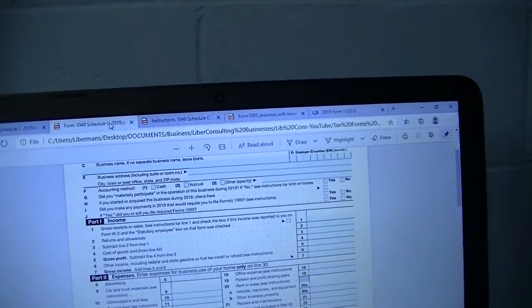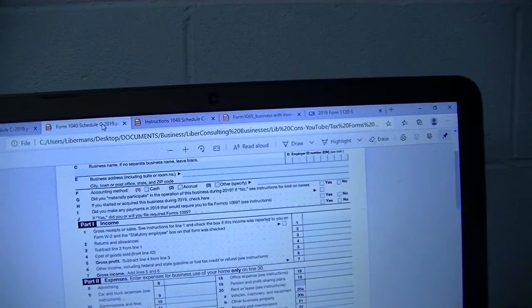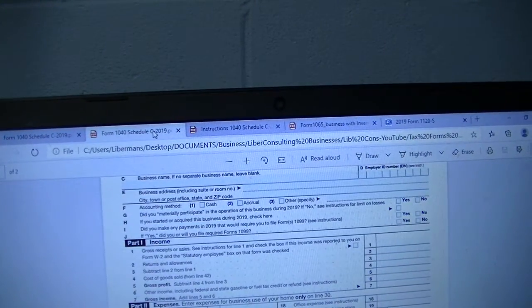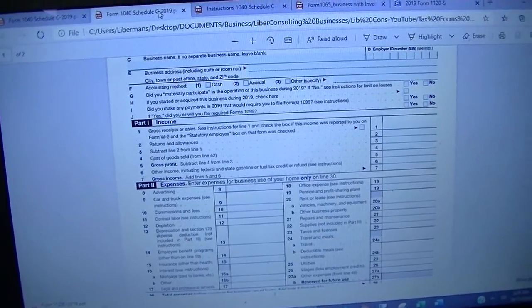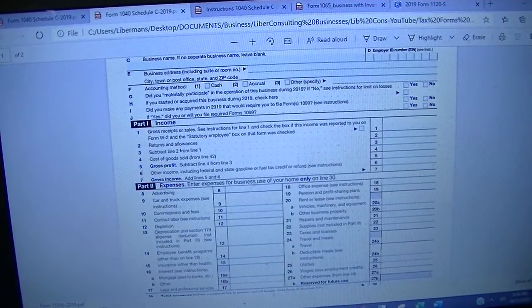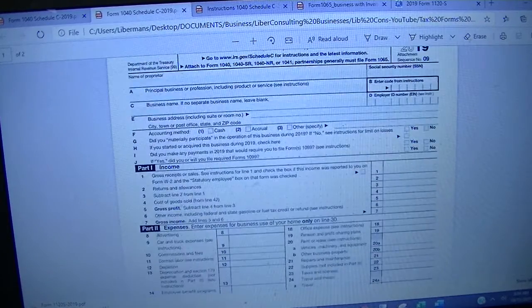So we have our Schedule C, see here, let me show you the top of the schedule.